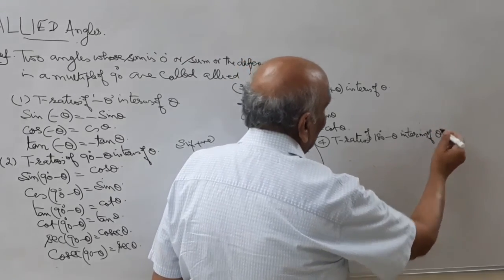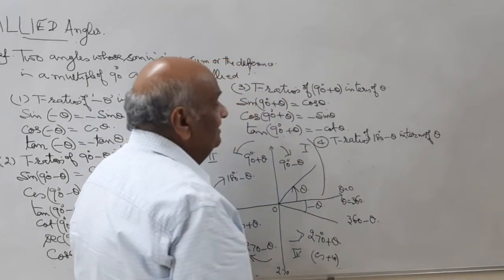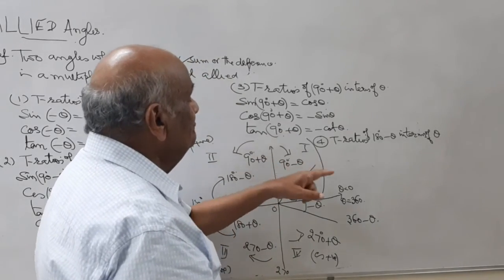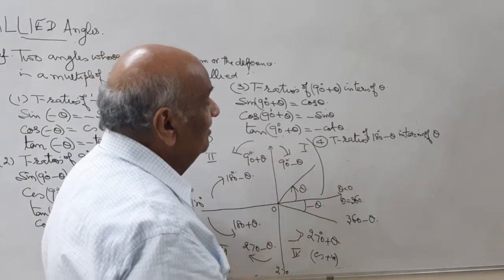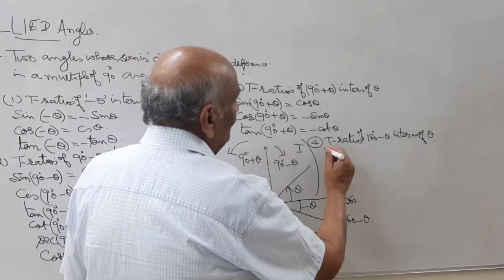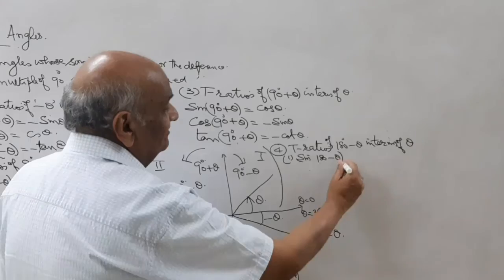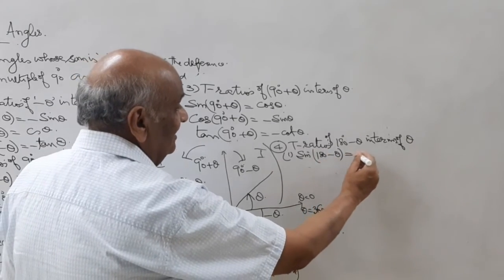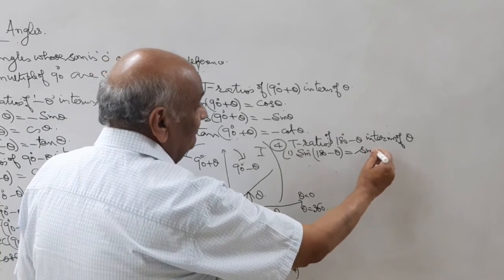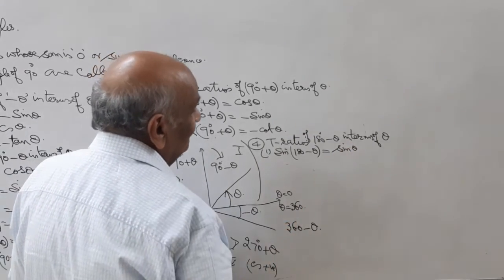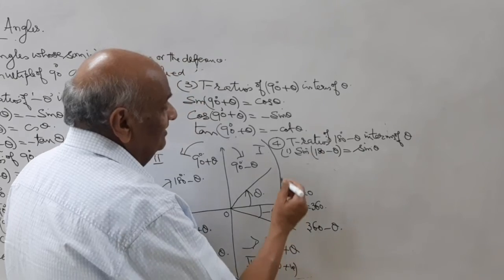T ratios of 180 minus theta in terms of theta. Look, now it is 180 minus theta, but I have written even multiple of 90. So it is sine of second quadrant, sine is positive, but it will be only sine theta because it is an even multiple of 90.